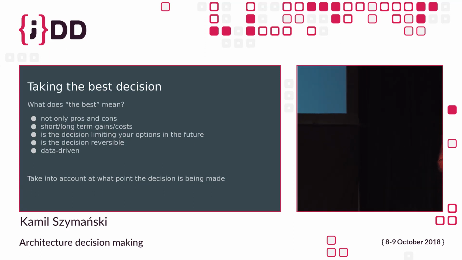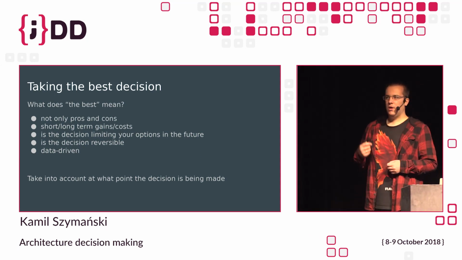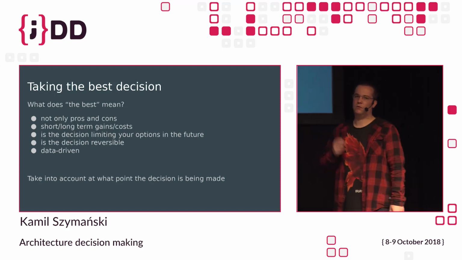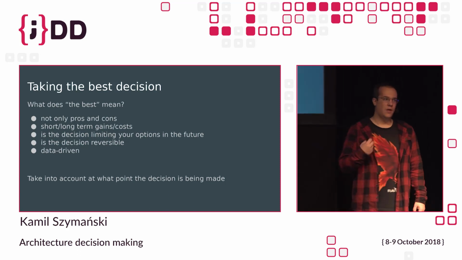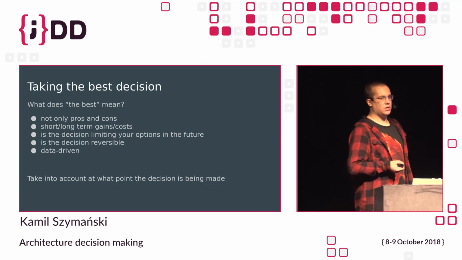Also, if we can put some number against this decision, the hypothesis that we are trying to prove, it's really good because then, after some time, we can verify whether we took the right decision. The number will clearly show whether it was a good or wrong decision. It's way better than a gut feeling.